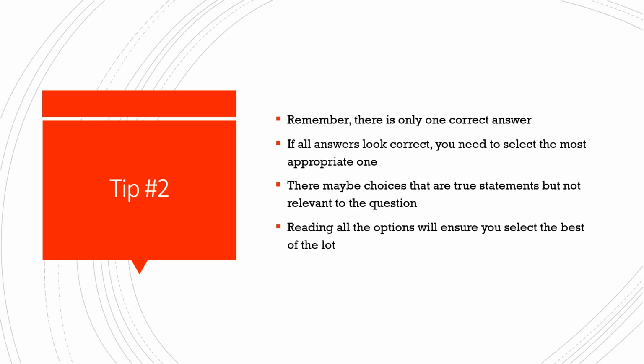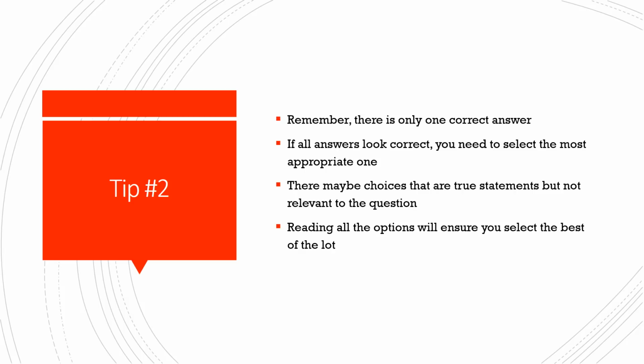Certain options in the questions could be just a true statement. They may talk about negative risks. You can accept negative risks. Now that is a true statement, but the question may not be talking about risk at all. That is just a true statement to make the question much more difficult to answer, right?